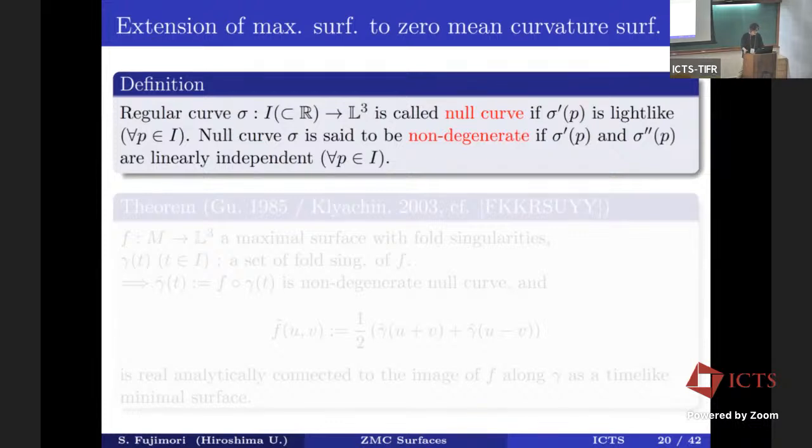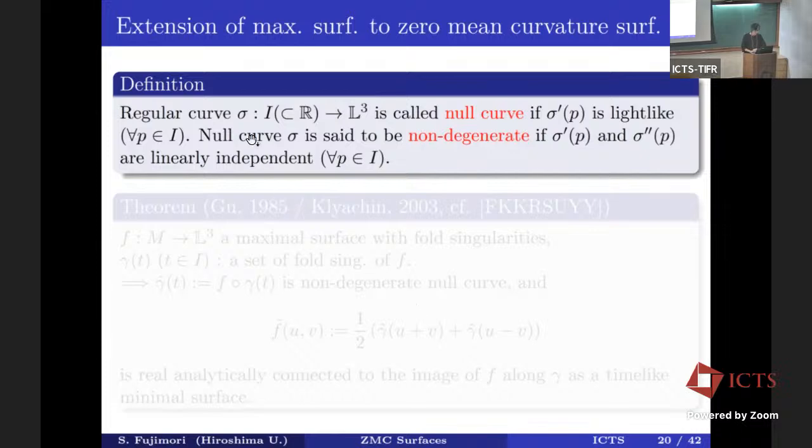Now we would like to extend a maximal surface to a zero mean curvature surface. There is a way to make such zero mean curvature surfaces from a null curve.